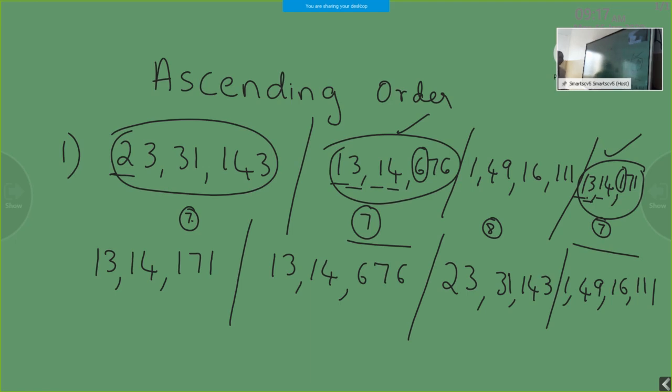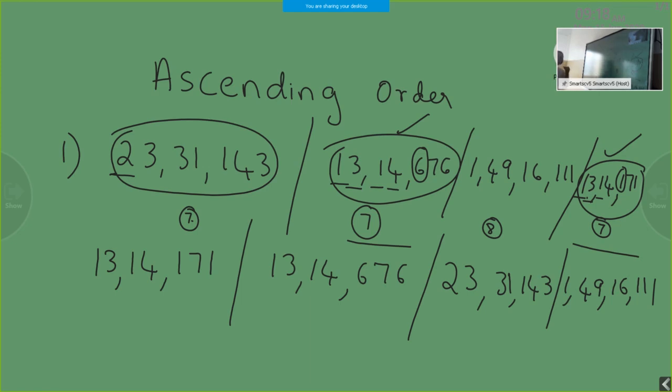Since we have 4 numbers to compare, the first step is to count the number of digits in each number. The number having the smaller number of digits is the smallest one.